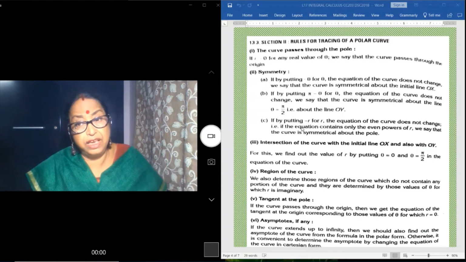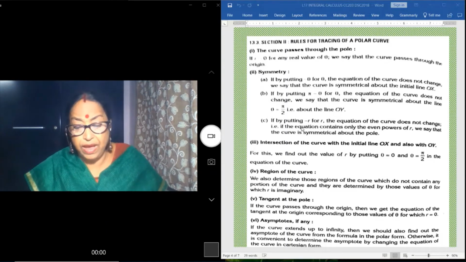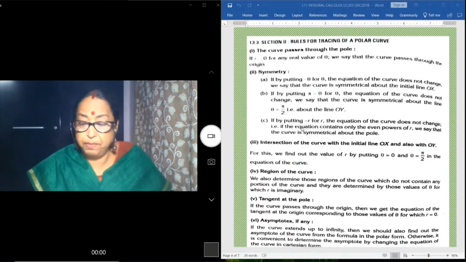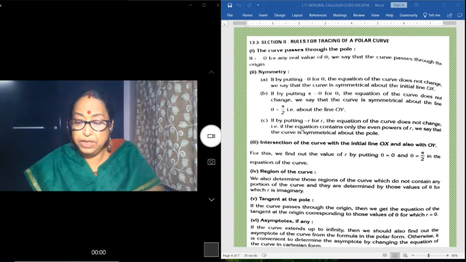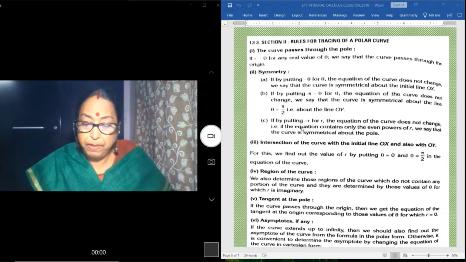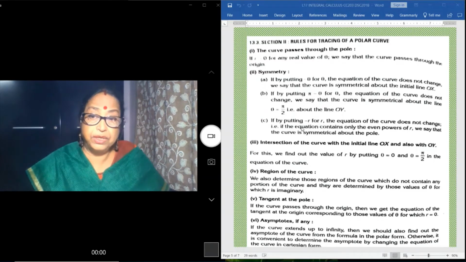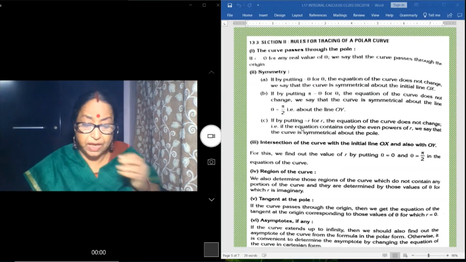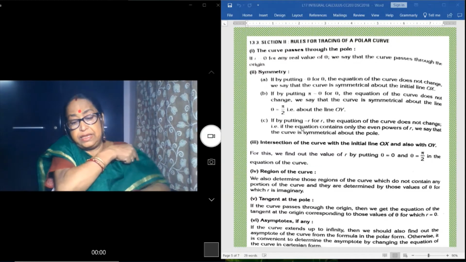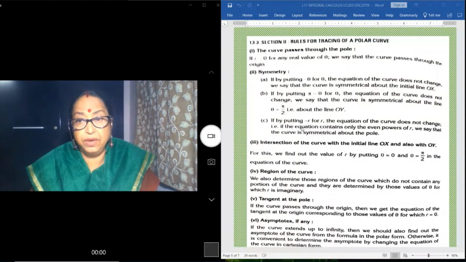Symmetry: to check the symmetry, if by putting minus theta for theta the equation of the curve does not change, then we say that the curve is symmetrical about the initial line OX.